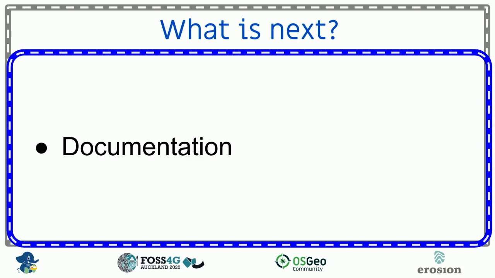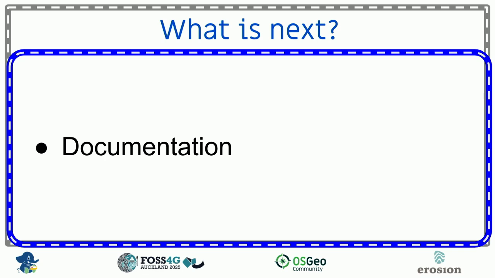Right. What is next? The documentation. So if you try it, and if you want to collaborate with us, the first thing that we need is the documentation of these functions. The only functions that are documented are the ones that come from pgRouting, because it's the same documentation from pgRouting.